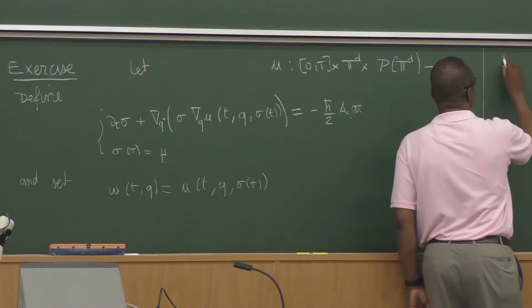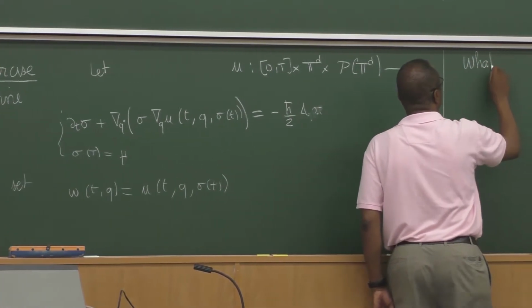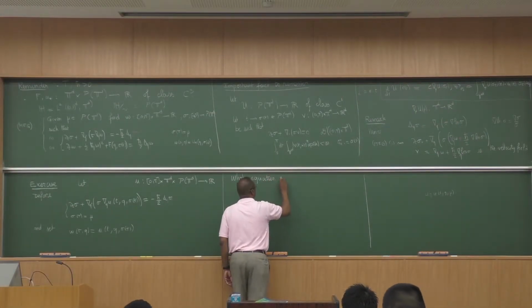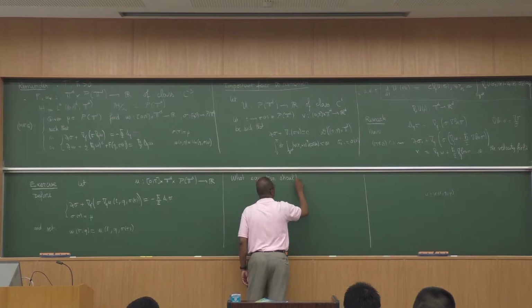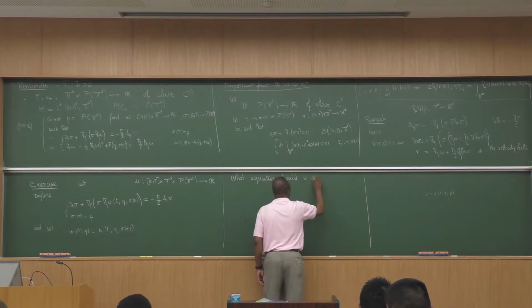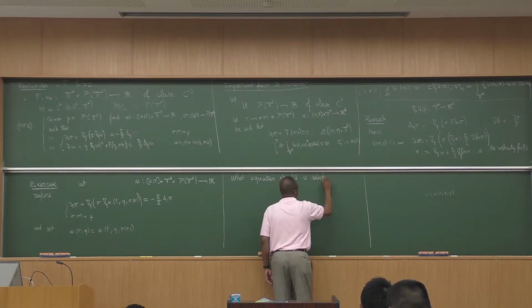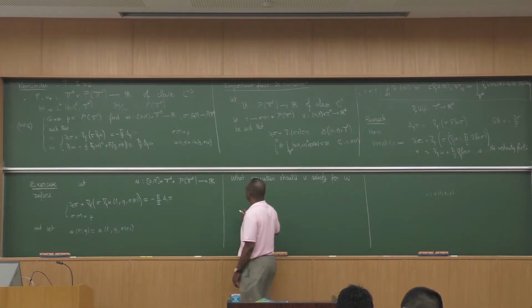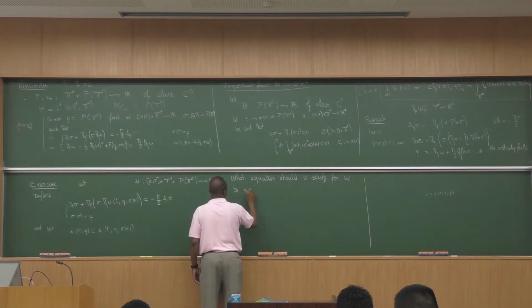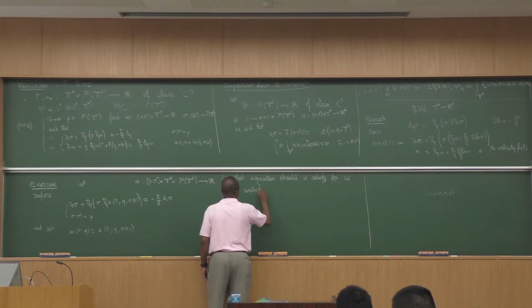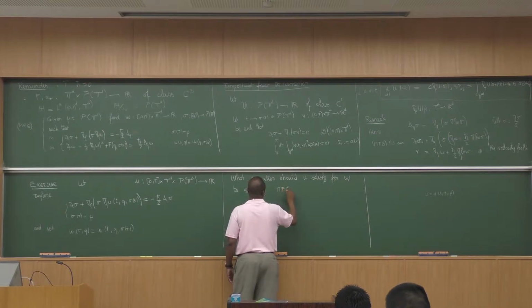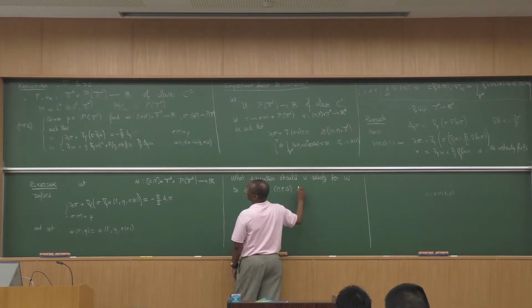What is the equation? Should you satisfy, for W to satisfy the mean field game equation 2I.